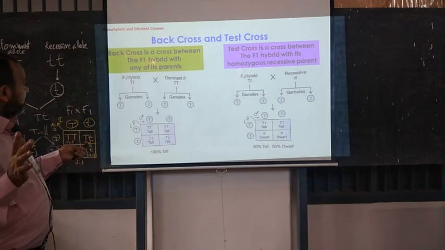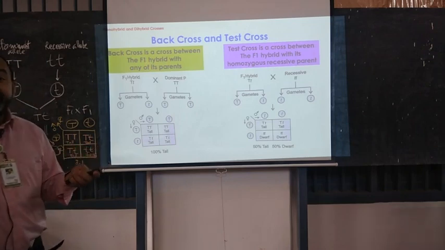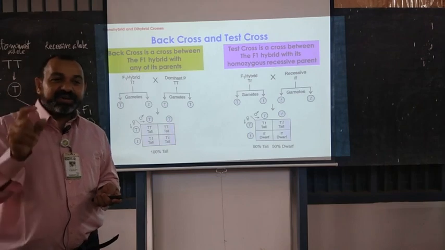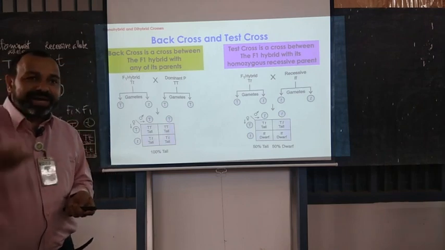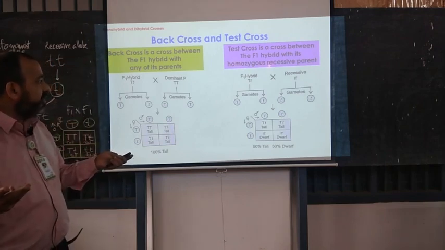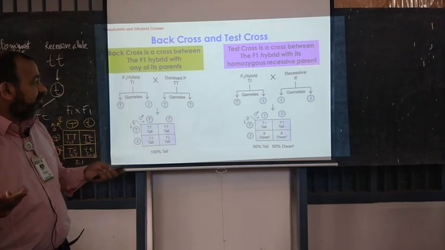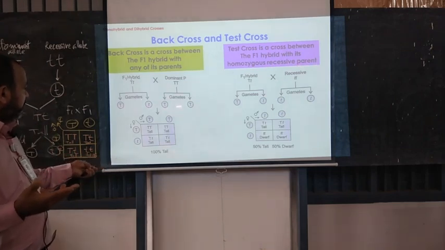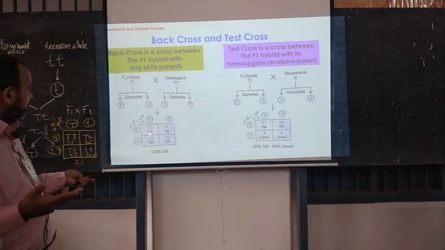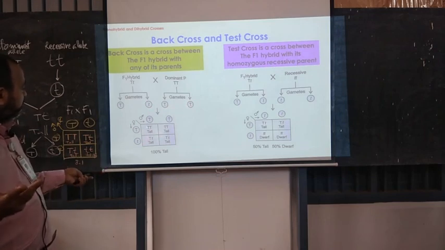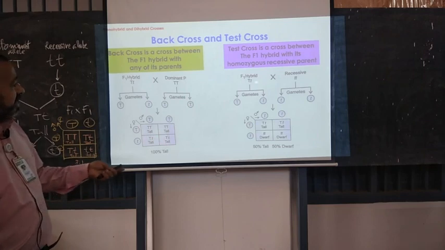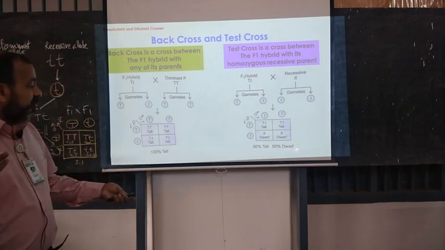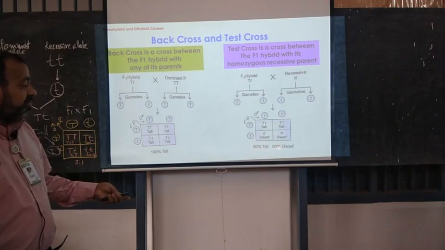In a backcross, the F1 hybrid is crossed with any of its parents. But in a test cross, F1 is crossed back to its homozygous recessive parent. So two examples are given here, with capital T small t. In the F1, F2 all are tall. But in the case of the test cross, see the ratio: 50% tall and 50% dwarf.